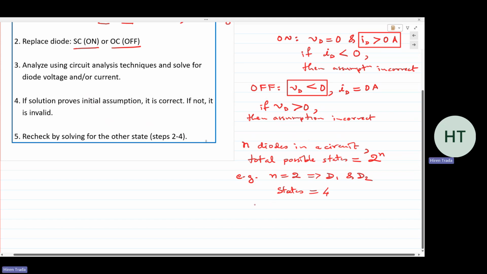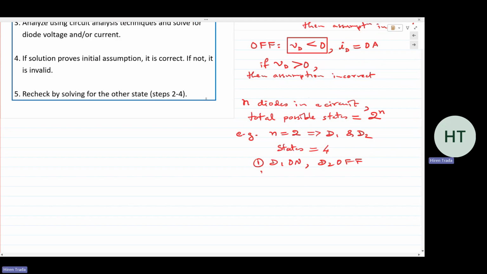Let's say you start first with D1 on and D2 off. And it turns out that at the end of your analysis, D1 on is correct and D2 off is incorrect. So then you have to test for another possible state. Which possible state would you choose?